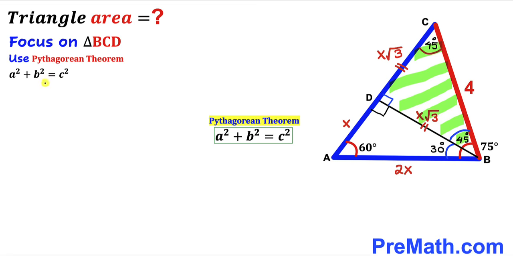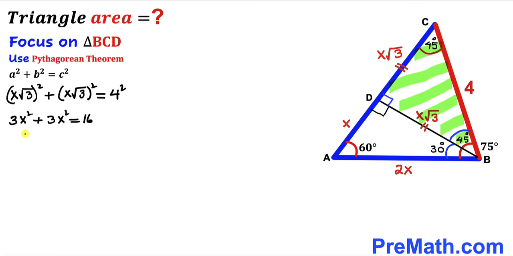Let's fill in the blanks: x times the square root of 3, whole squared, plus x times the square root of 3, whole squared, equals 4 squared, or we can write 6x squared equals 16.